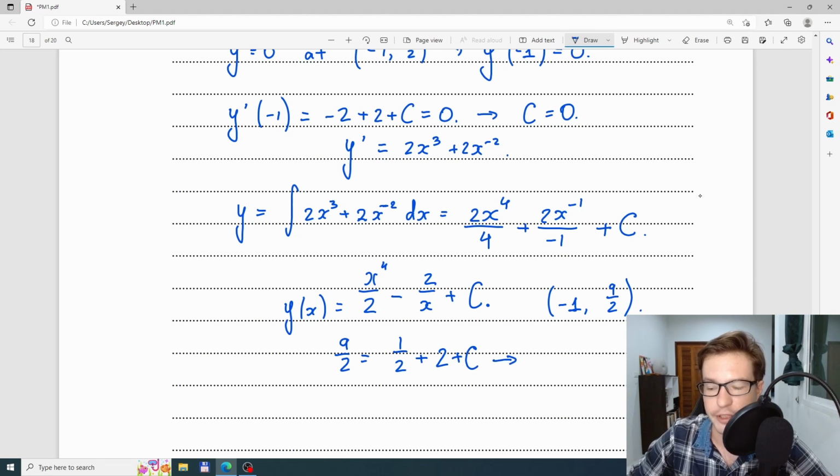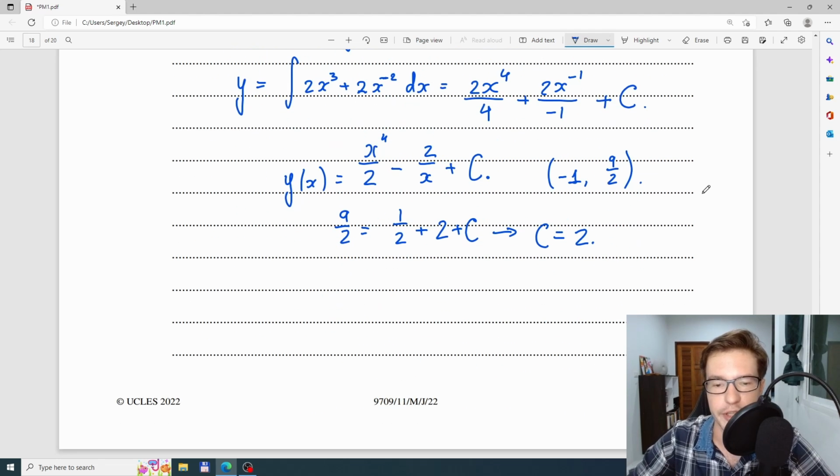And from here we can find c, which is equal to 2. Okay, now we're ready to state the final answer, which is going to be y equals x to the power 4 over 2 minus 2 over x plus 2.